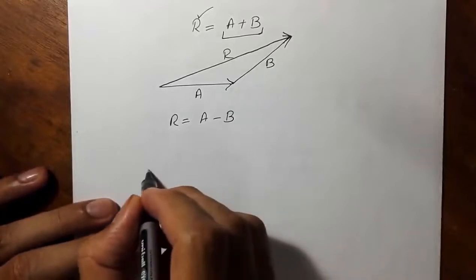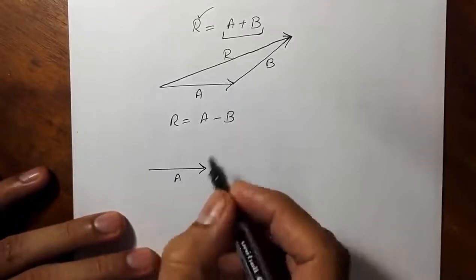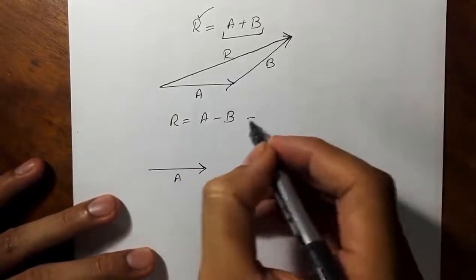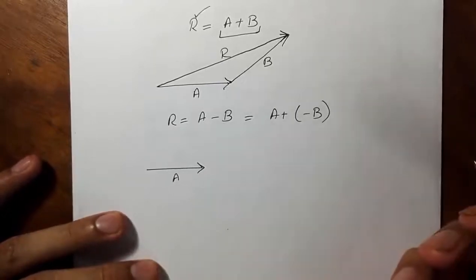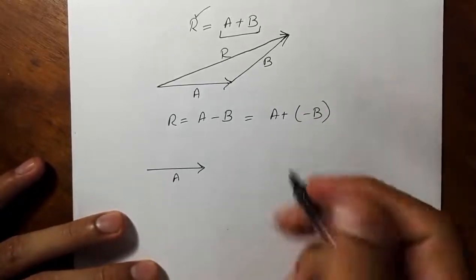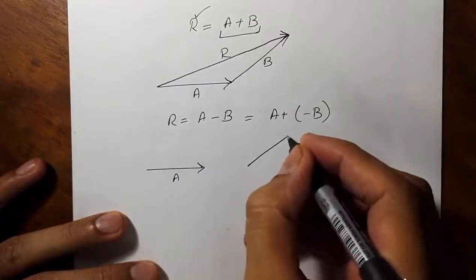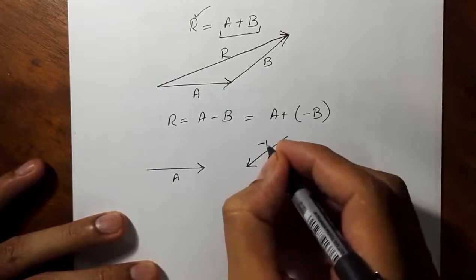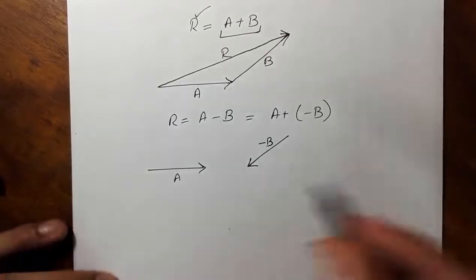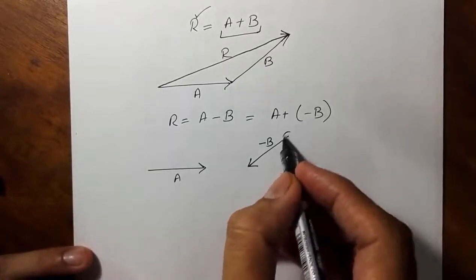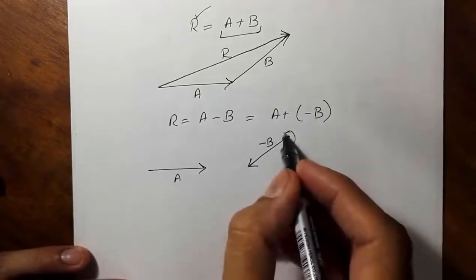A will remain like this, and we can write this equation as A plus minus B. So in order to draw minus B, we will just switch the direction of vector B. So the direction of vector B initially was like here, the arrow was here, the minus B will be like this. Whenever you have to determine the negative of a vector, we will just invert the direction of the vector. Okay, so the tail of this vector will be joined with the head of this vector.